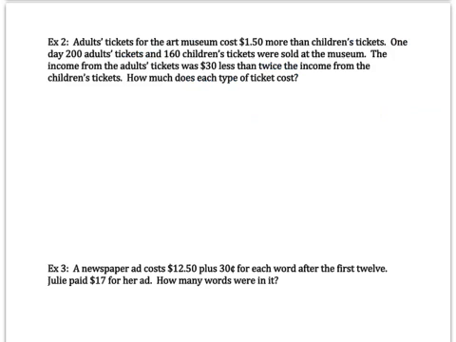So we have adult tickets and children's tickets for this next example. And we're going to start with the cost per ticket. We're also going to be dealing with income, total income. So the cost for a child's ticket we're going to say is going to be C, and that's for one ticket.